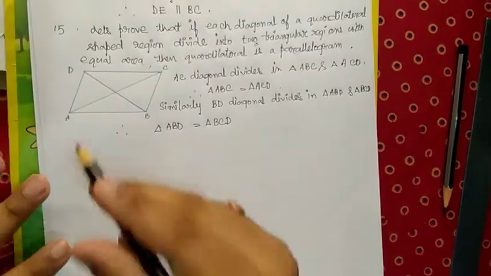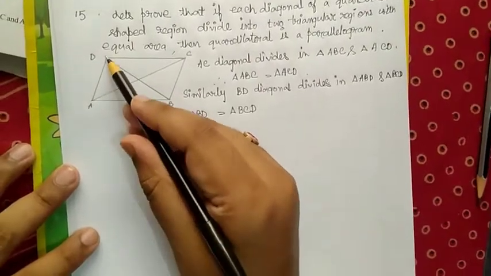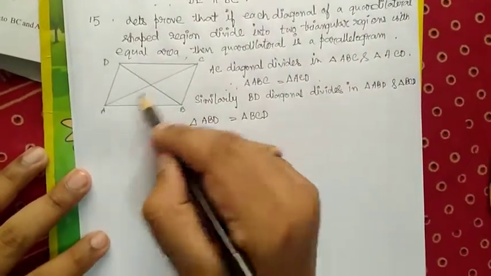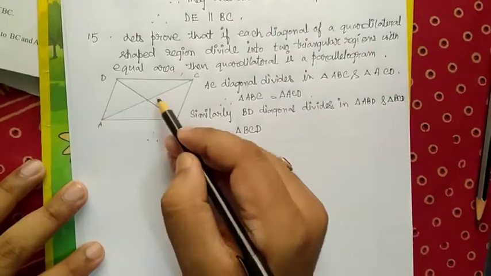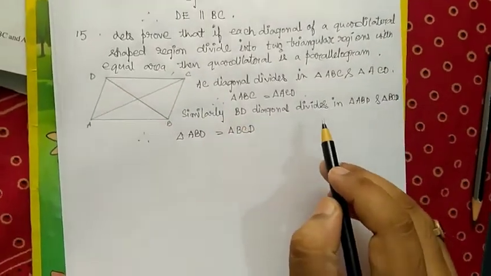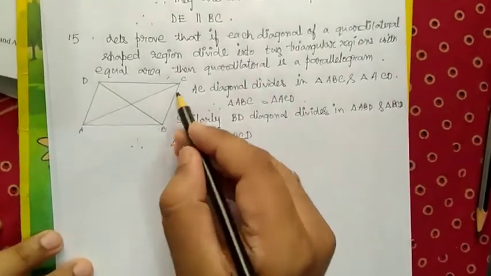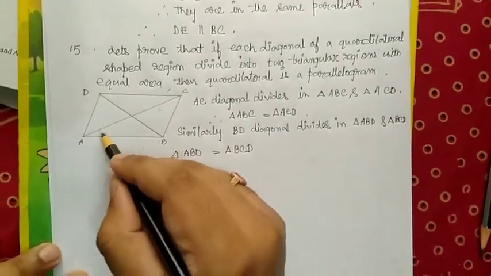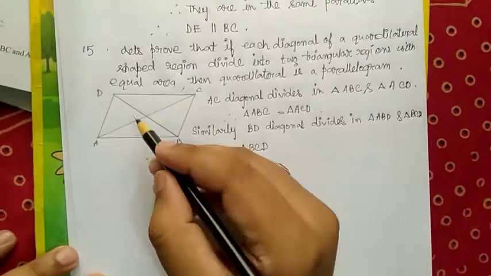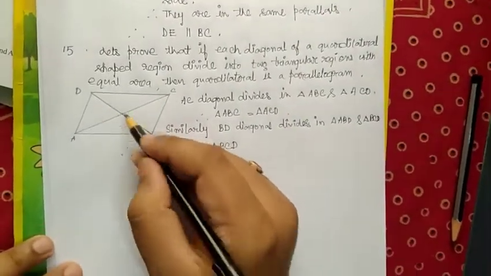Now you can see triangle ABC and triangle ACD, both are, we know through the parallelogram theorem, if a diagonal exists in a parallelogram, this diagonal cuts it into two equal halves.